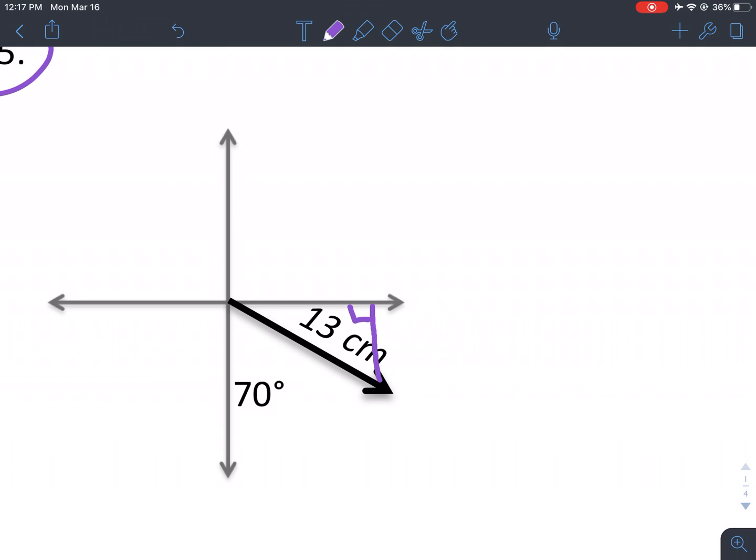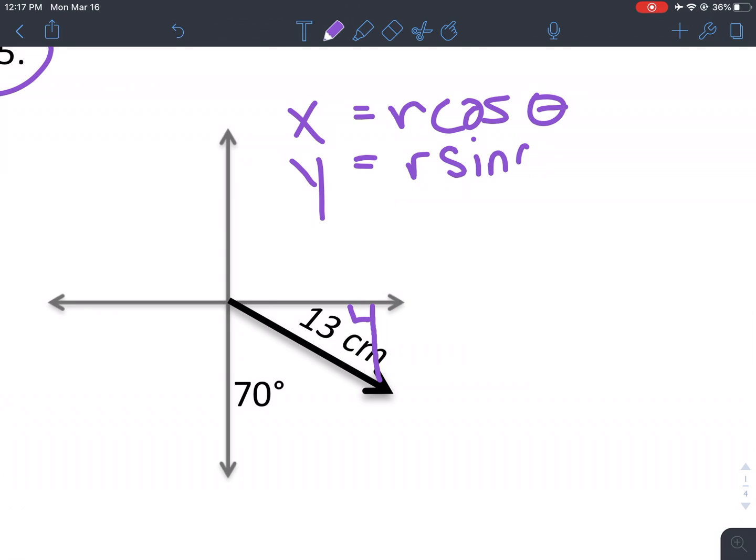So anytime you have this question, always make the triangle with the horizontal axis. X is going to be r cosine theta. Y is going to be r sine theta. In this case, r is going to be the length or the magnitude of the vector, so 13. X is going to be 13 cosine.